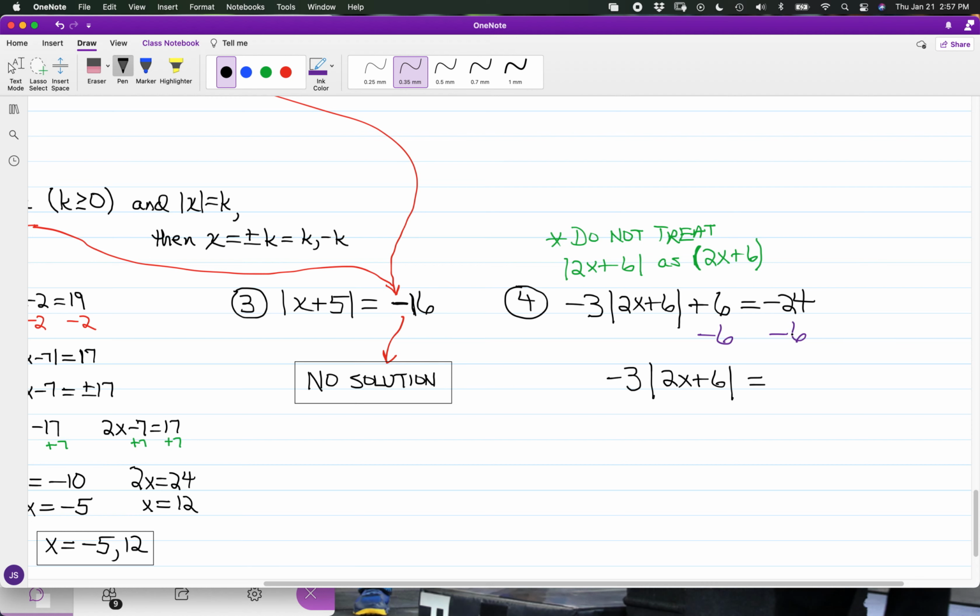Negative 24 and negative 6 will be negative 30. And again, I cannot distribute negative 3 over 2x plus 6. You might have a solution, but it might deny you of a second solution. So in terms of what to do with the negative 3, I'm just going to divide on both sides.